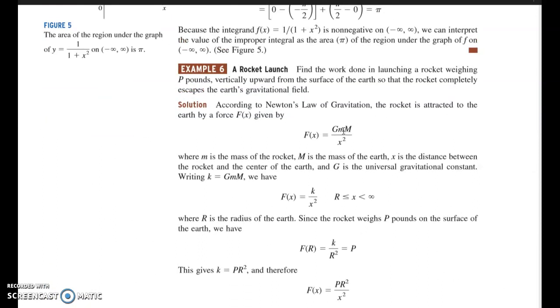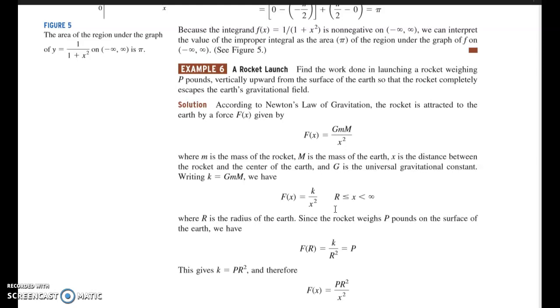First, we have to evaluate what will be the integrand in this question. We have to evaluate work done, that is, we have to evaluate the force, which is equal to G M capital M divided by x square. Here m is the mass of the rocket, capital M is the mass of the Earth, x is the distance between the rocket and center of Earth, G is the universal gravitational constant.